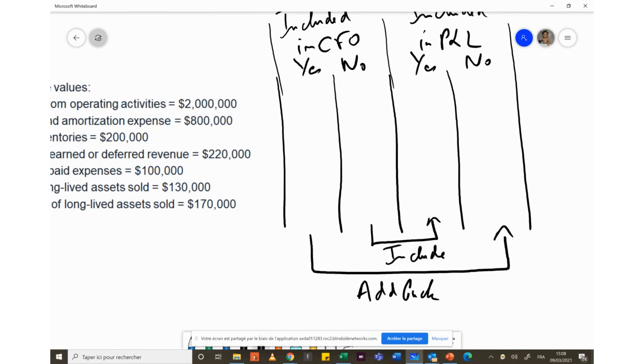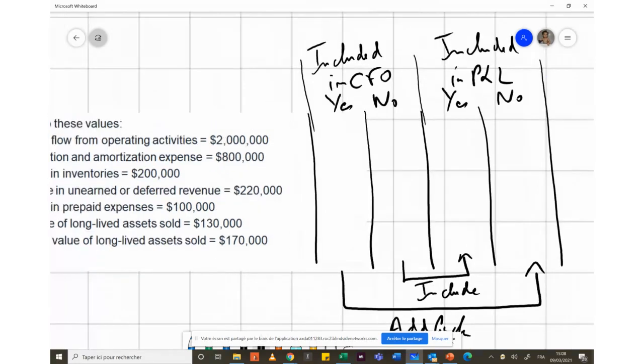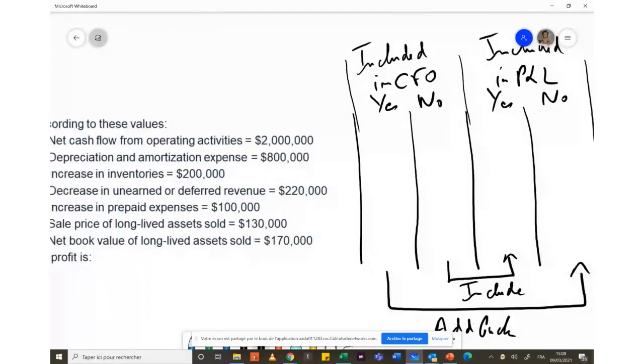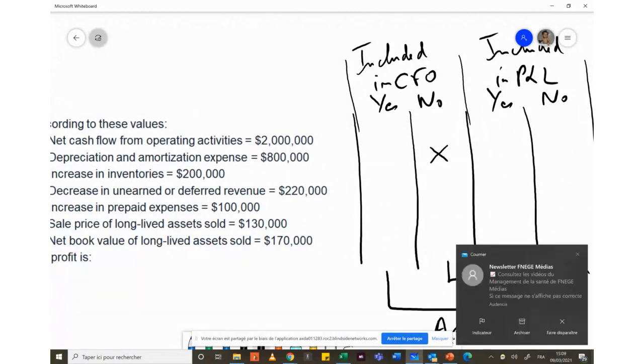Okay. If the answer is no for the two, we don't care. If the answer is yes for the two, it's already included. Okay. So the D&A expense is not a cash item, so not included in the operating cash flow. It's not in the operating cash flow, but it is included in your P&L.